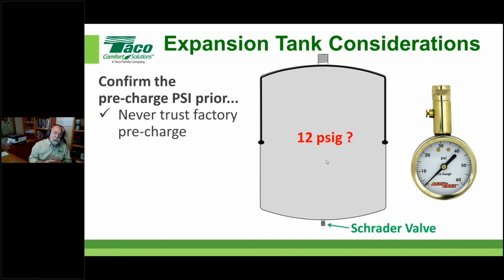And it's ever so important to remember that when we're talking about changing the pressure or checking or doing anything, you cannot have any pressure up on this nipple. So you have to know that. That's why I'm telling you, on new jobs or even service jobs where you're changing the expansion tank out, always check this and confirm it before you actually screw anything onto that nipple.